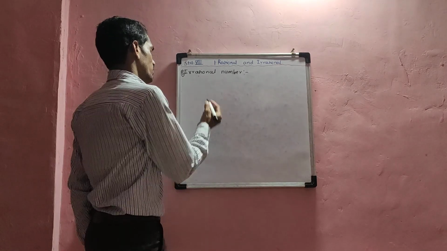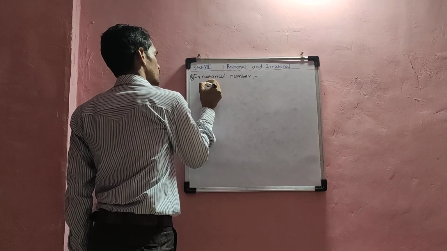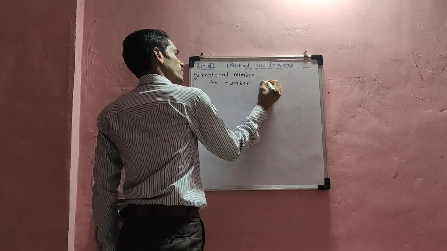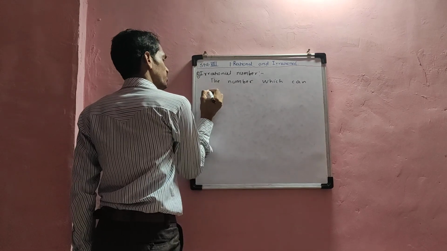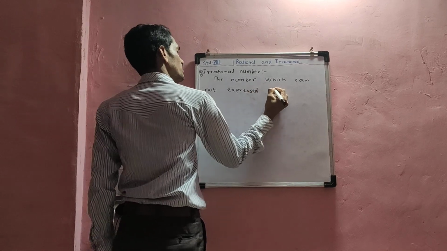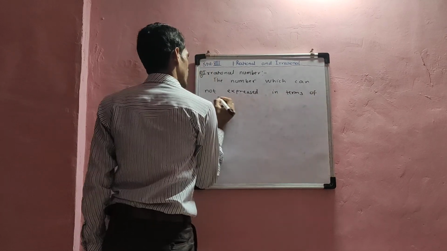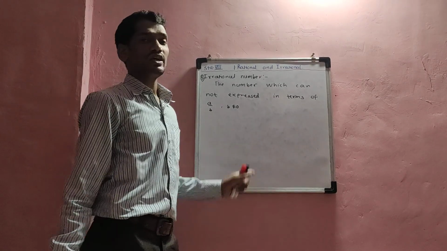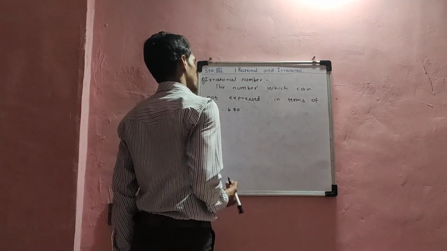In another way, we have the definition: an irrational number is a number which cannot be expressed in terms of A upon B, where B is non-zero. We can't express it in terms of A upon B. That is also called irrational.